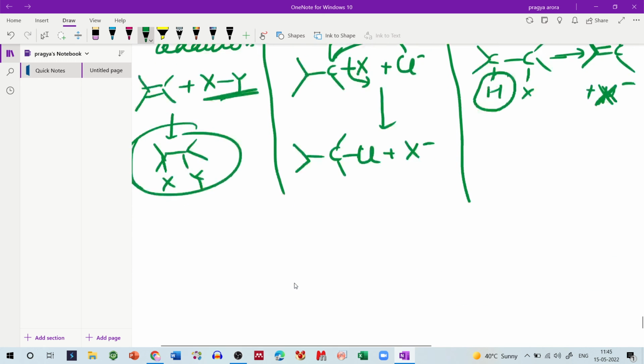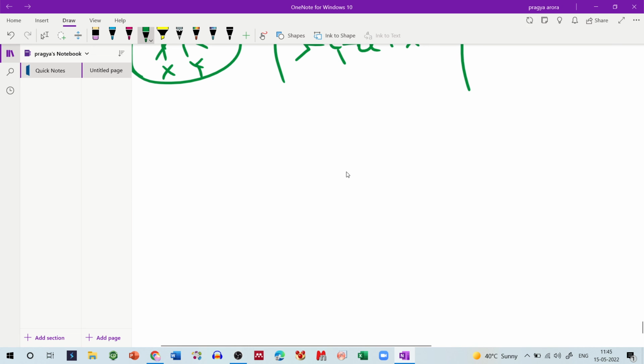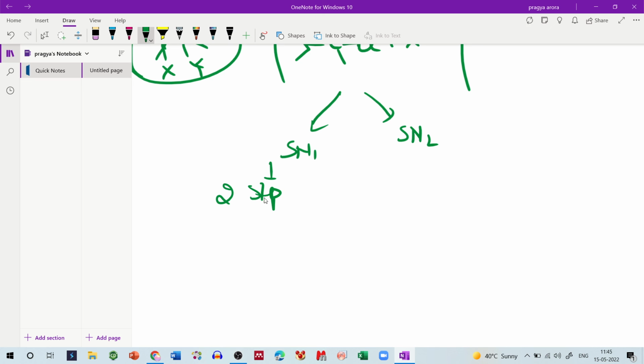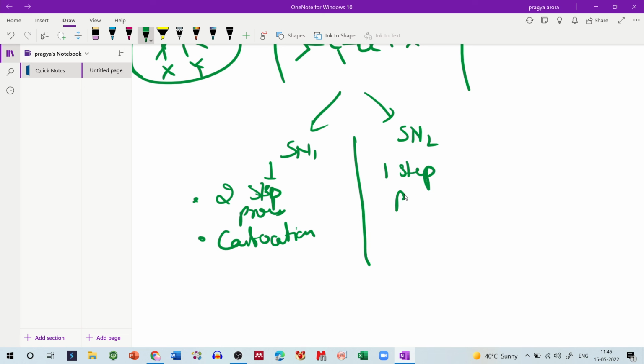We also discussed the further types of substitution reaction. Substitution reaction involves SN1 and SN2. SN1 is basically a two-step process where there is formation of an intermediate called carbocation, whereas SN2 is a one-step process and there is formation of a transition state.